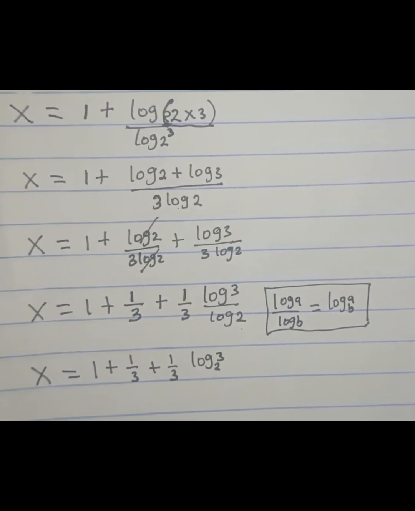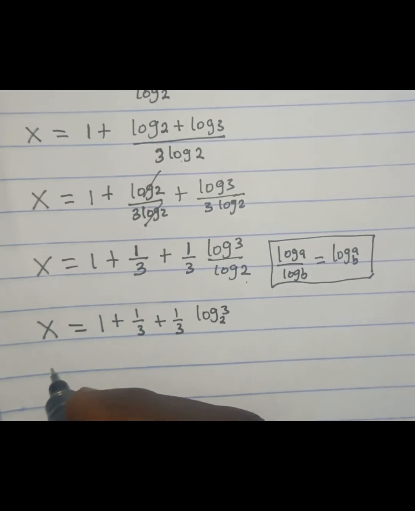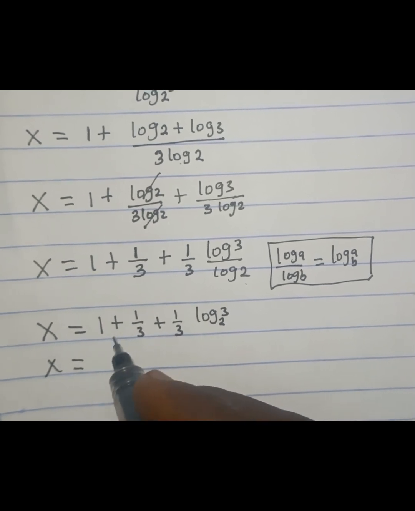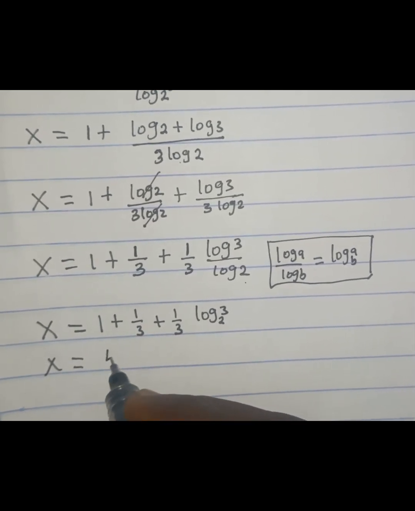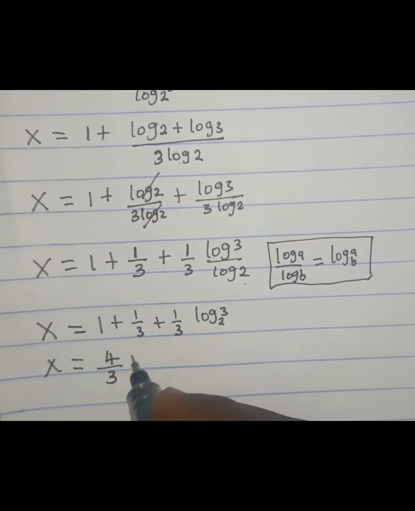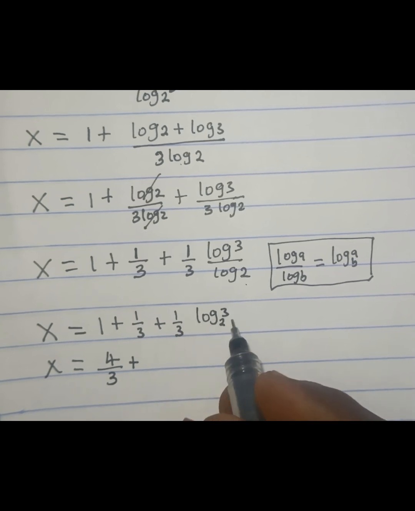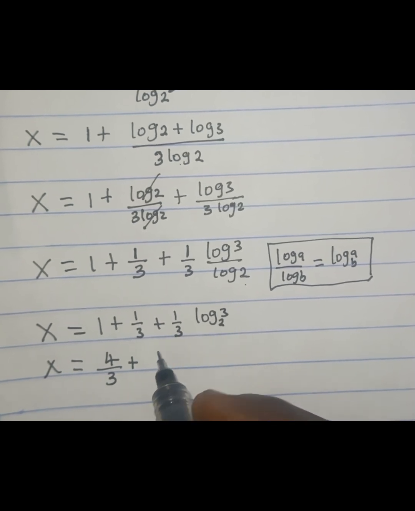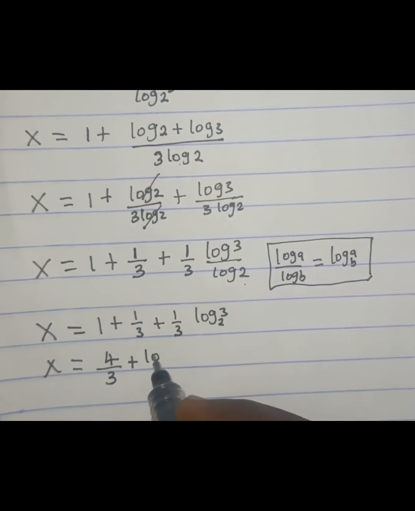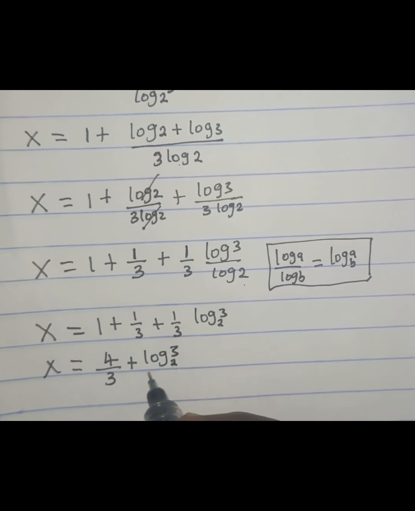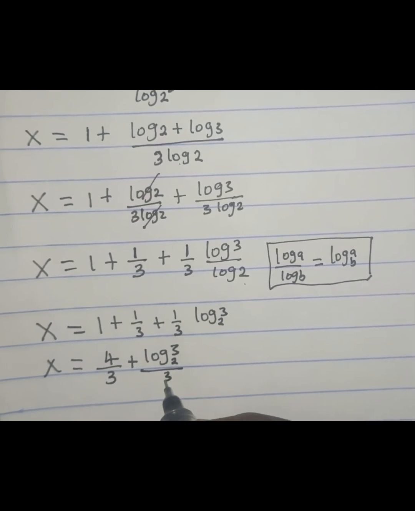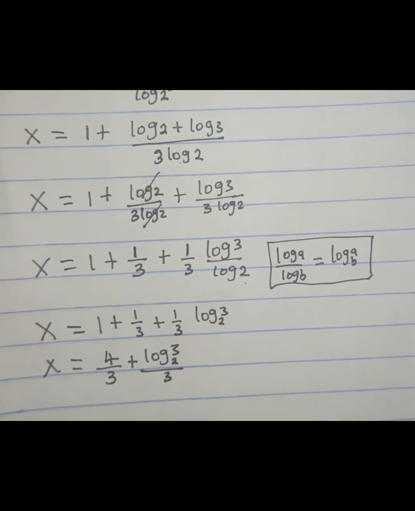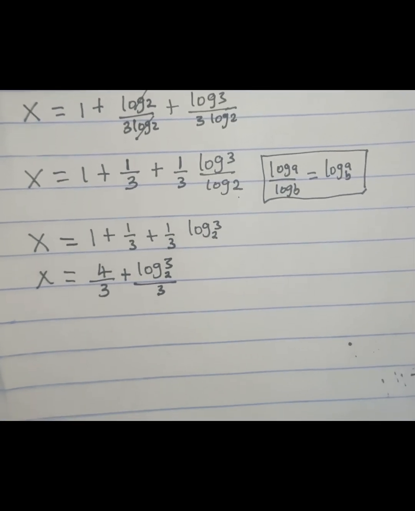The next step we are going to do, these two are constants, so we can add them together. So x will be equal to 1 plus 1 over 3, which gives us 4 over 3, then plus 1 multiplied by log 3 to the base of 2, which is the same as log of 3 to the base of 2, and everything all over 3. As you can see, they have the same denominator.